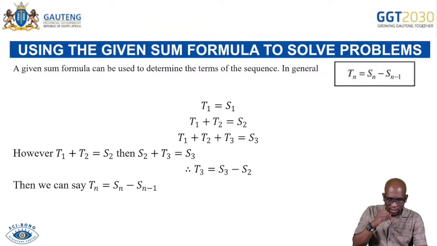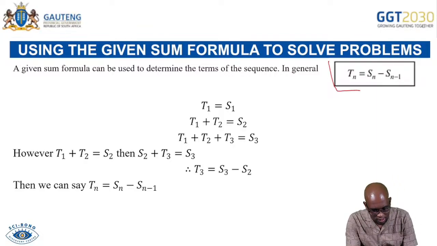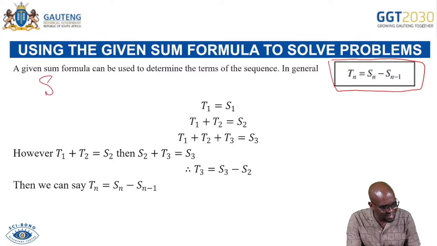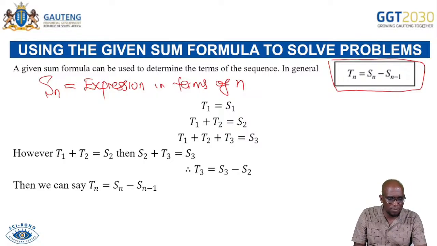Given the sum formula. So if we are given the sum formula, we can then use this. If you are given Sn is equals to some expression in terms of n, T1 would be S1, S2 would be T1 plus T2, S3 would be T1 plus T2 plus T3.